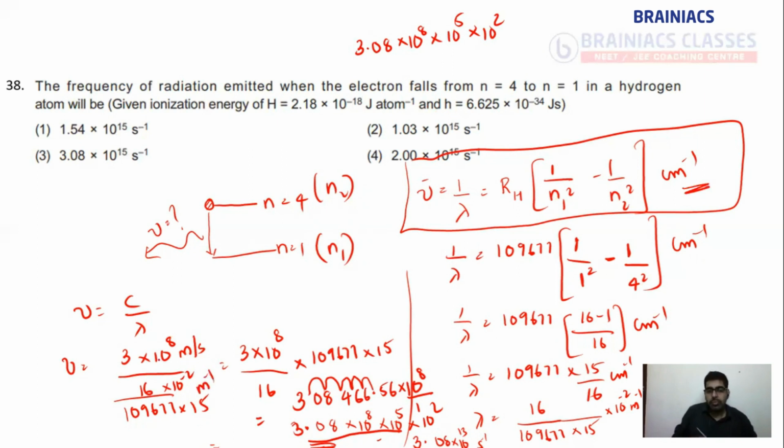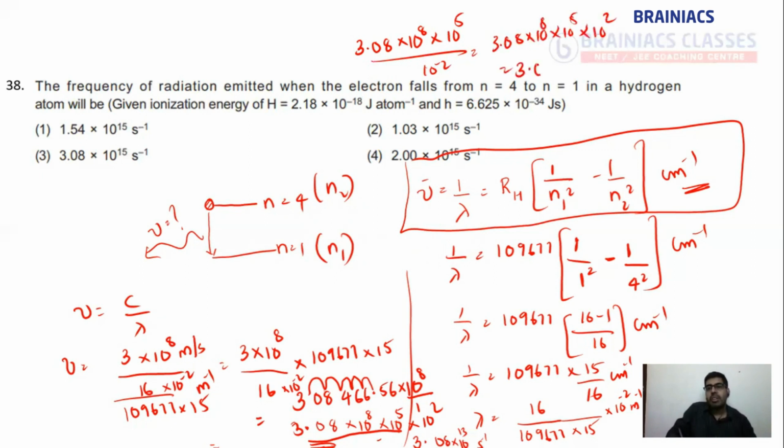Now 3 into 10 raised to 8, 109677 into 15 divided by 16 into 10 raised to minus 2. After solving, you'll get 3.08 into 10 raised to 8 into 10 raised to 5, divided by 10 raised to minus 2. I'm taking this 10 raised to minus 2 above, so 3.08 into 10 raised to 8 into 10 raised to 5 into 10 raised to 2.